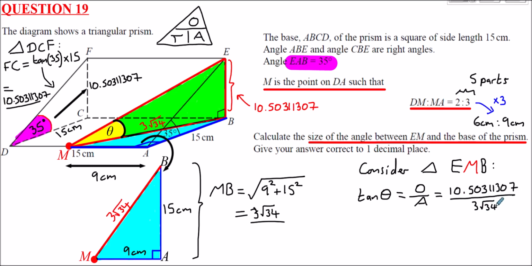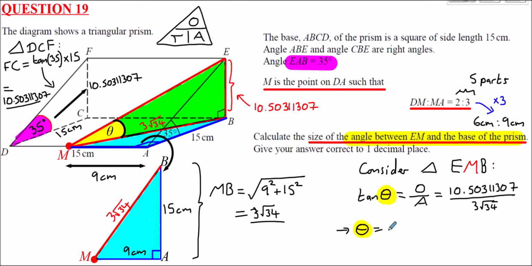Now we should recall, to work out an angle with trigonometry, we have to do tan minus 1. So the angle we want, which is theta, remember theta is the angle between EM and the base of the prism, we need to do tan minus 1 of this value.